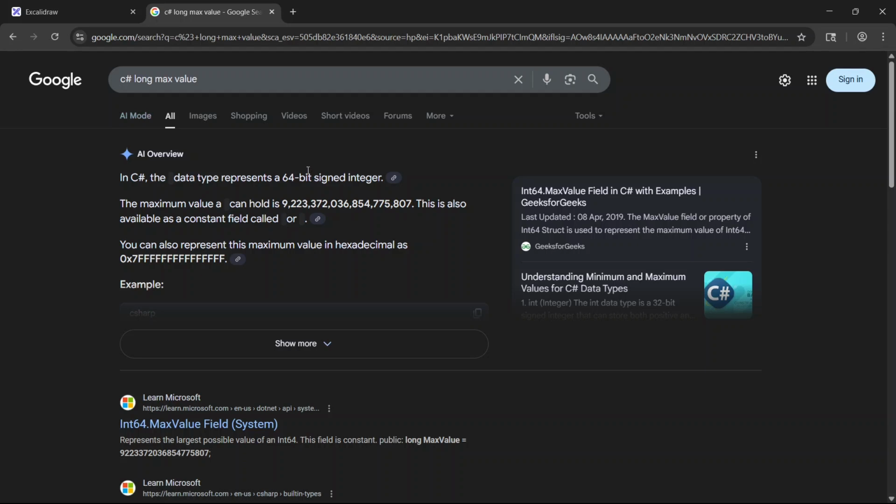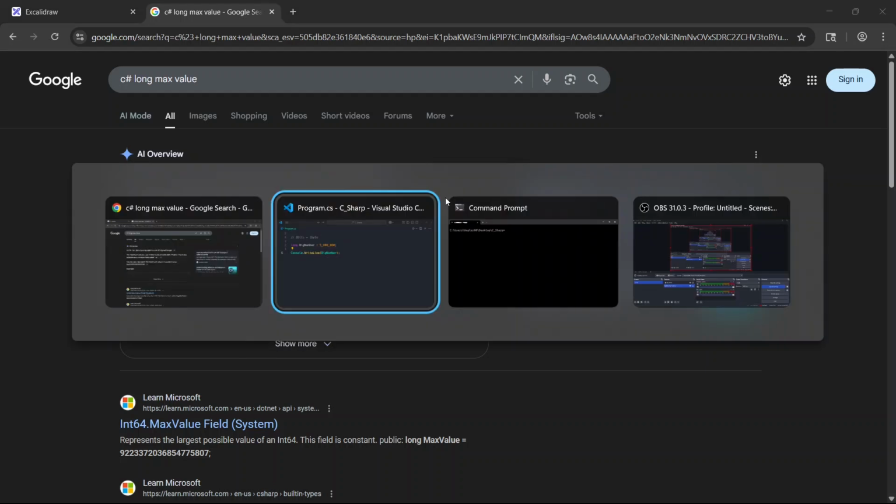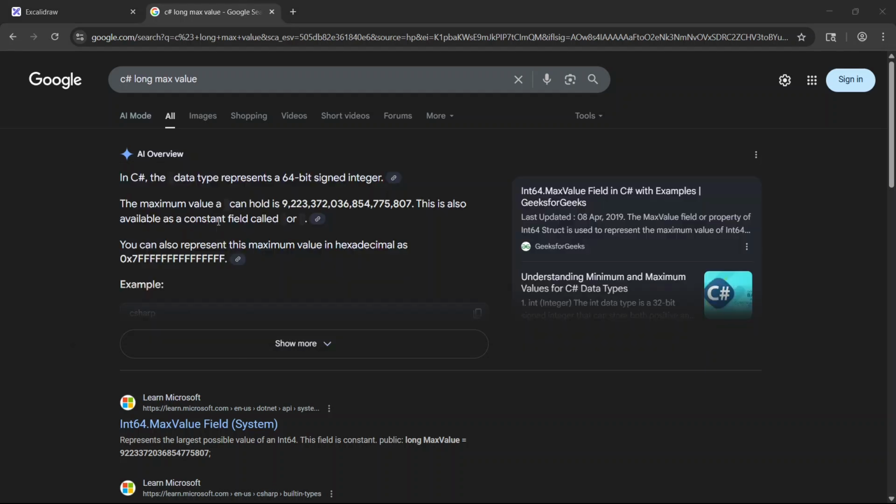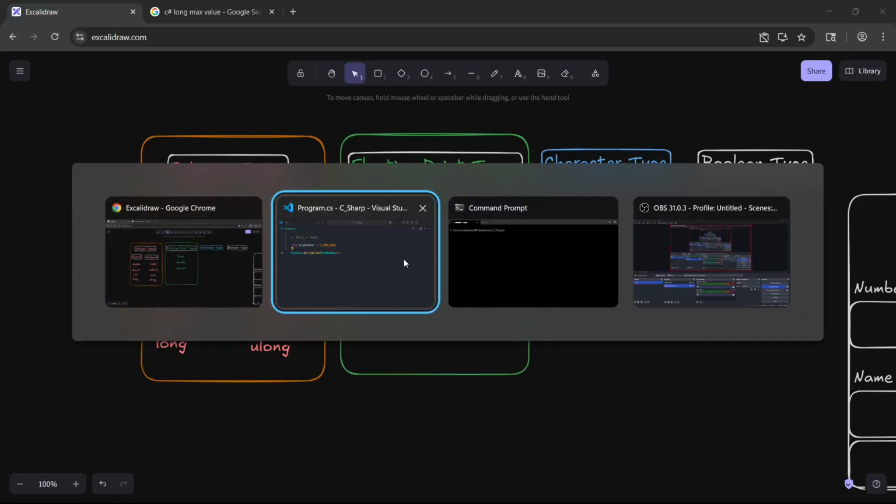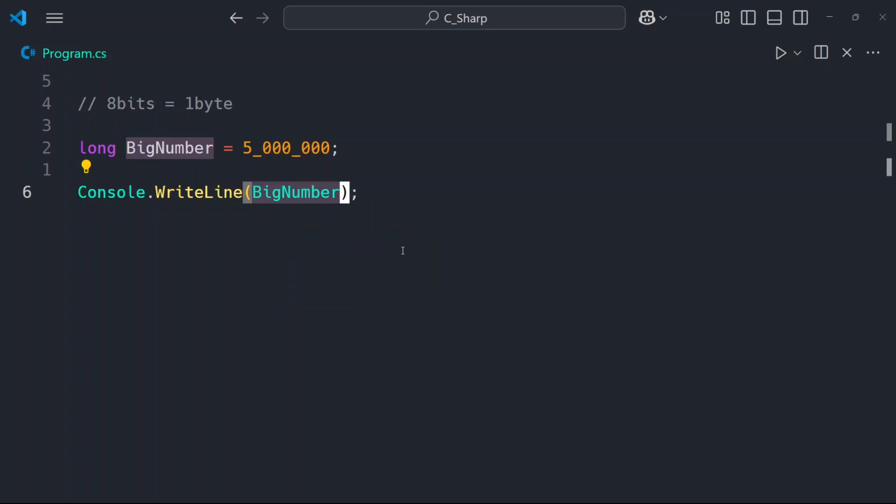Oh, yeah, and it is 64 bits. So that's double integers, and it could hold, what is that, 9 trillion? Incredible. As much as 9 trillion.